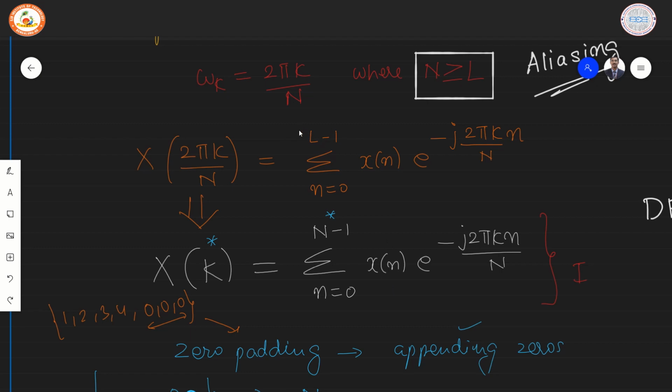So an L point sequence will now become an N point sequence. Hence, the equation above can now be represented as shown here. And this particular equation is referred to as the discrete Fourier transform. It happens to be a discretized or a sampled version of the discrete time Fourier transform.